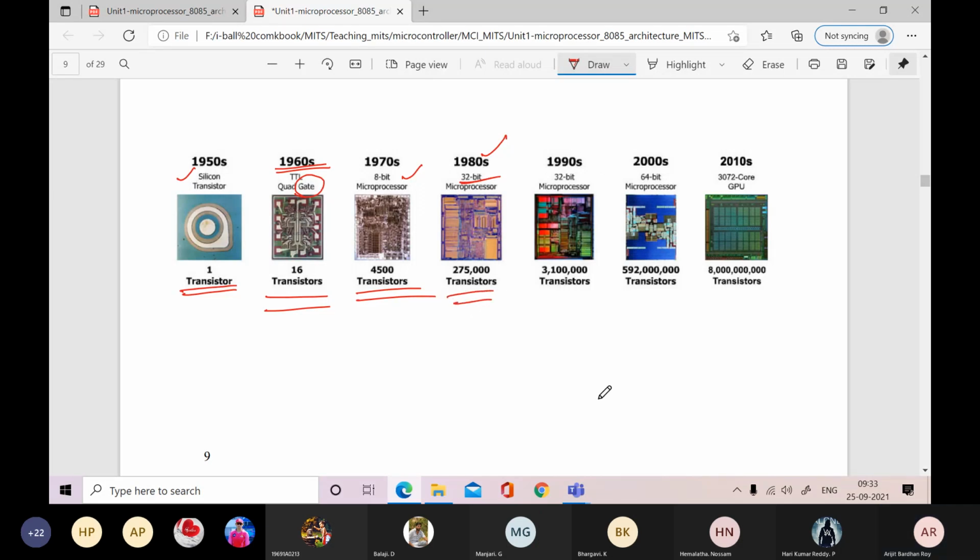Then we developed a 32-bit microprocessor in the 1990s with the help of, I think, 31 lakhs. After that, it will go into crores. Now millions are there. So this is the development, the way of development of any electronic device, not only the microprocessor, anything.